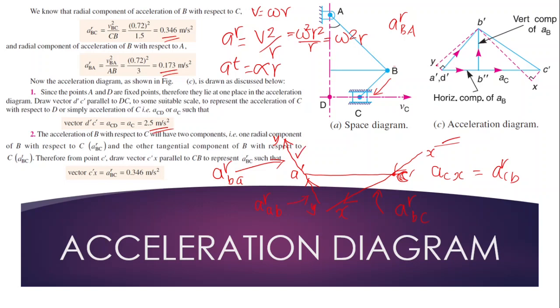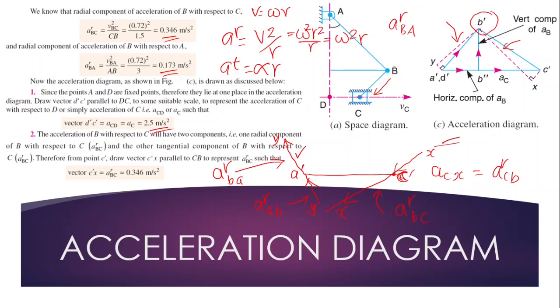Then we can select that Y at the upper portion of the point A dash, or D dash. Then we can draw the tangential component of acceleration like this, perpendicular to this A dash Y, and the meeting point of this tangential component and the line of action of this tangential component will become B dash.